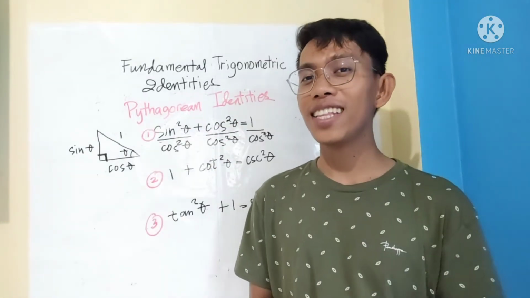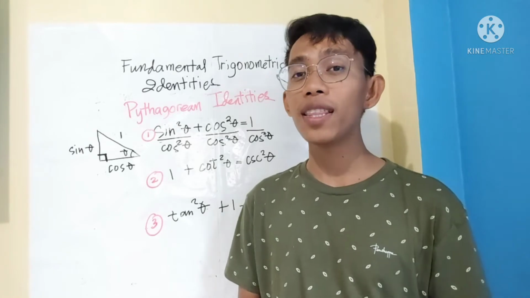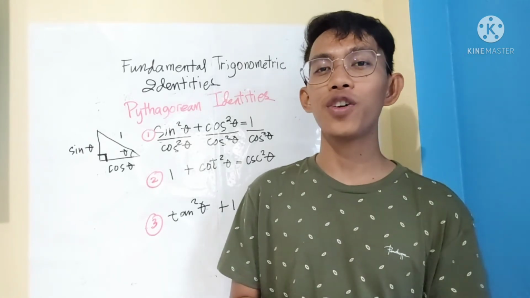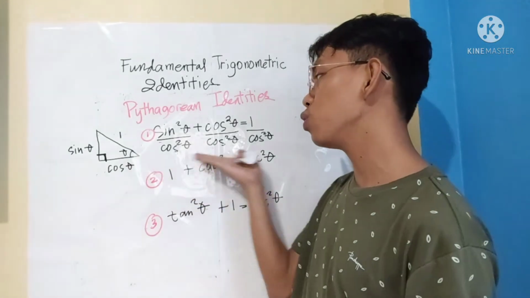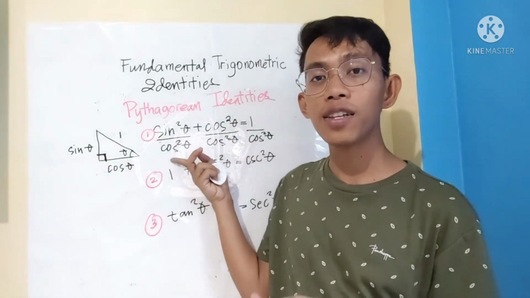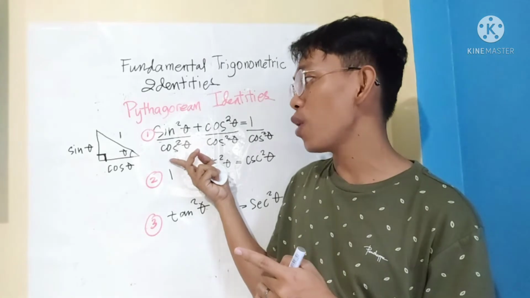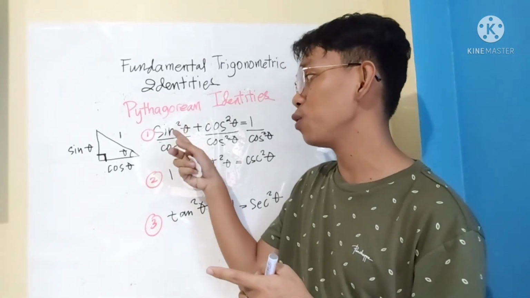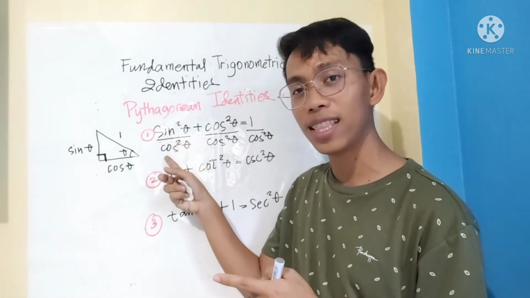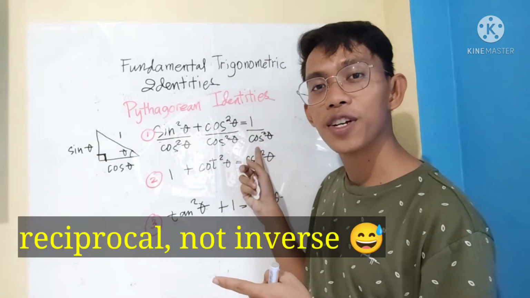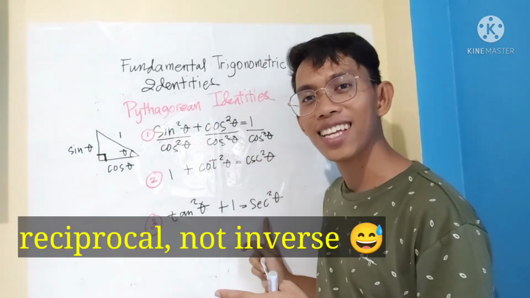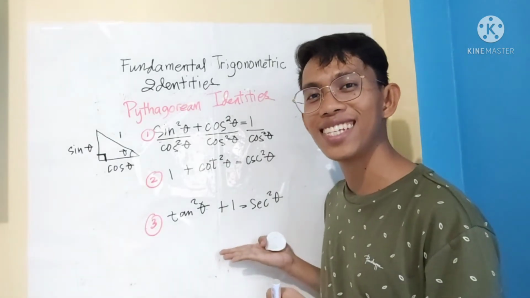To obtain the third identity under this group, i-divide naman natin yung buong equation by the expression cosine square theta. And if we are going to do that, then this term will become tangent square theta, which, as you can see, this is sine over cosine. While this one is 1. And this is the inverse of secant square theta. So this is our third identity.